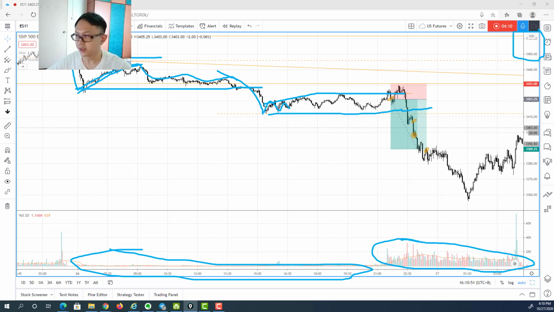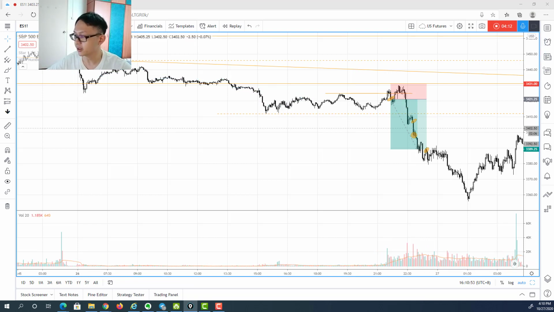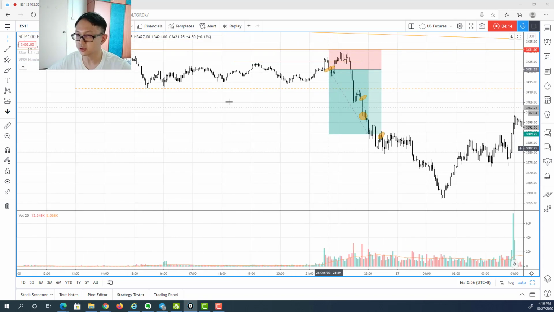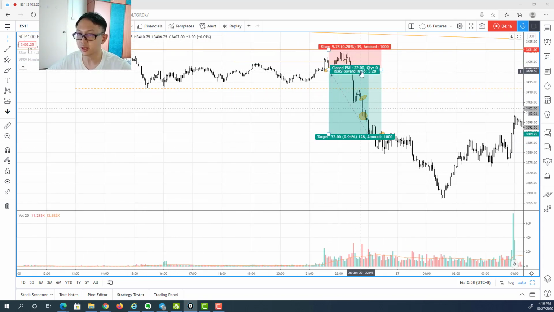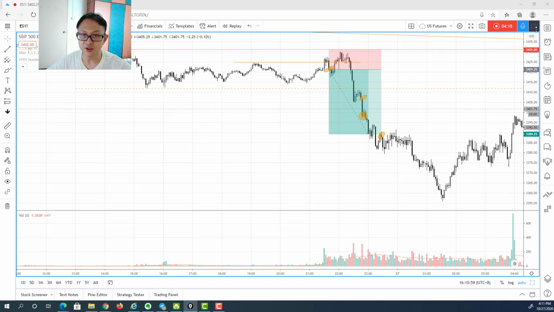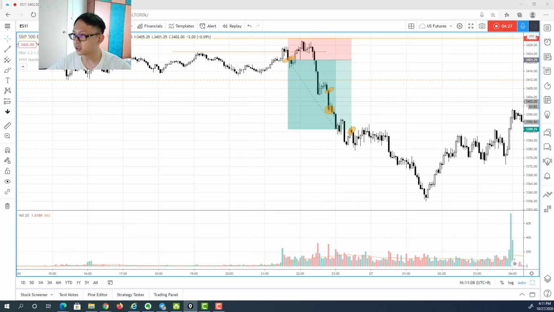My trading plan was actually just based on this trading range alone, and also right after the failure of the resistance zone at 34.60 and 50. So that already gave me the bearish bias, but I must admit that my first entry is right here, which wasn't a good entry to me.